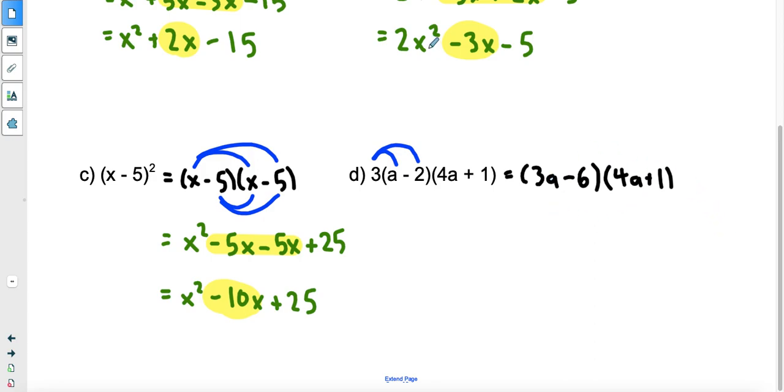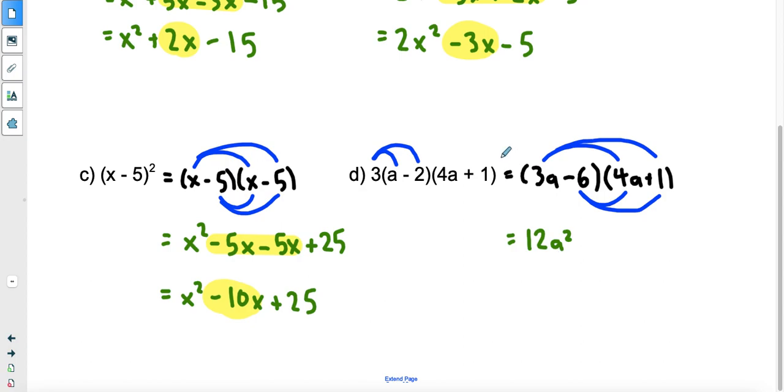And now we know how to do this, right? We're just going to multiply everything in the first bracket by everything inside my second bracket, just like before. Okay. 3a times 4a. Well, 3a times 4a is 12a squared. Because 3 times 4 is 12, and a times a is a squared.